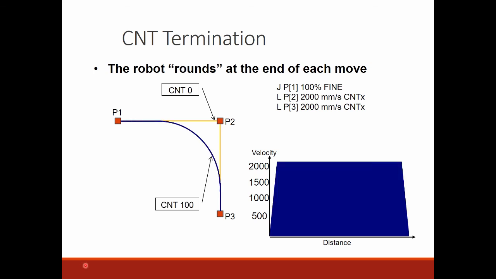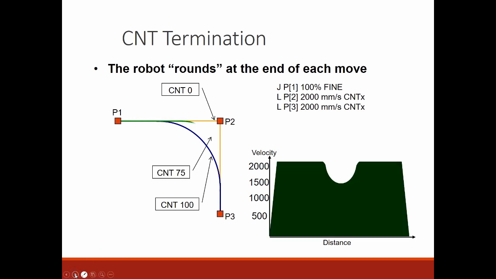In continuous of 100, the robot accelerates until it reaches its velocity, and it's able to maintain that velocity of 2,000 millimeters per second, as defined in the motion statement, as it advances from P1, goes by P2, and down to P3.